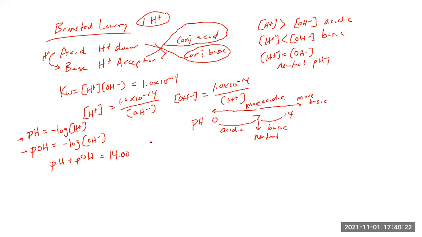A couple other things we talked about: if you have the pH value given to you, you can get the H plus concentration, which is the inverse log of the minus pH. As we talked about, on your calculator that will typically put up a 10 and a caret when you do that, and you want to make sure you make it negative.